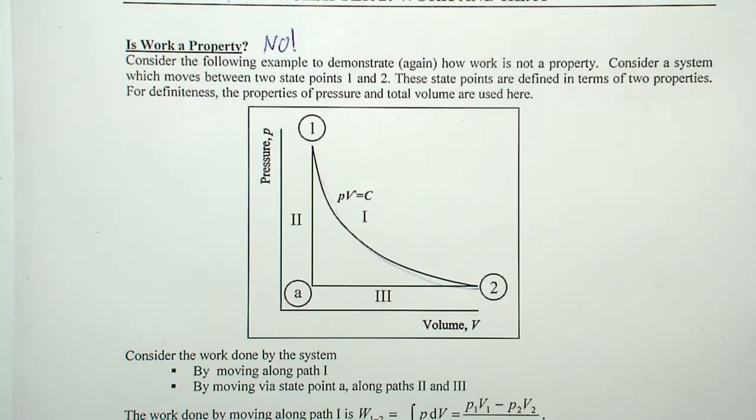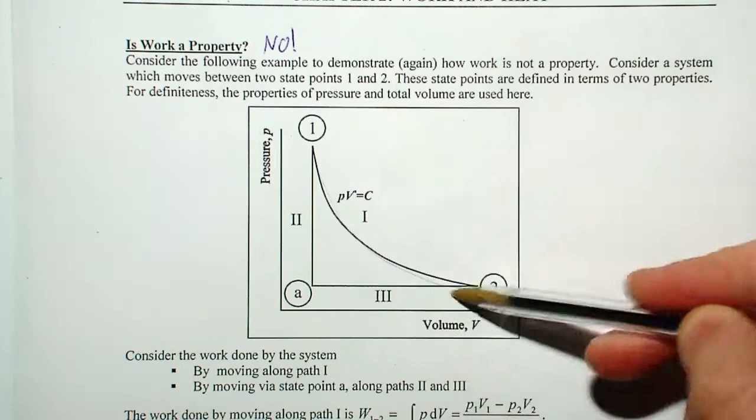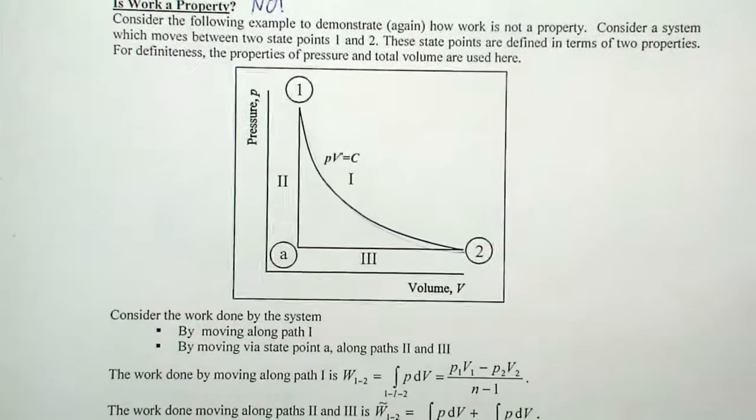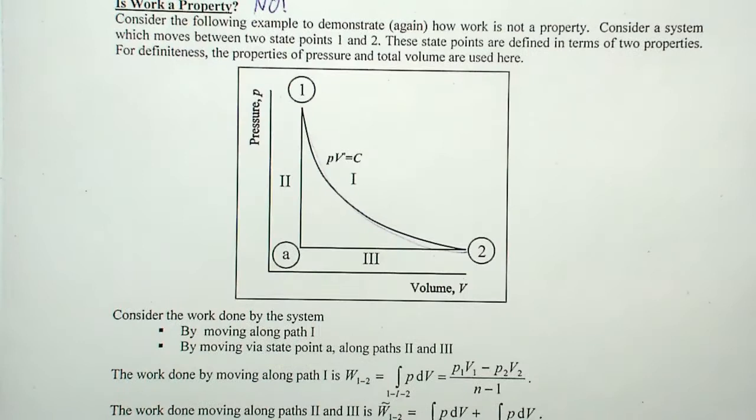You could also argue that if I don't want to follow this PV to the power of n, I could go with isobaric, isochoric, and isobaric process as well. So two vertical and horizontal lines, and it still would take you from point 1 to point 2. Both assumptions are valid. Both routes and curves are valid.